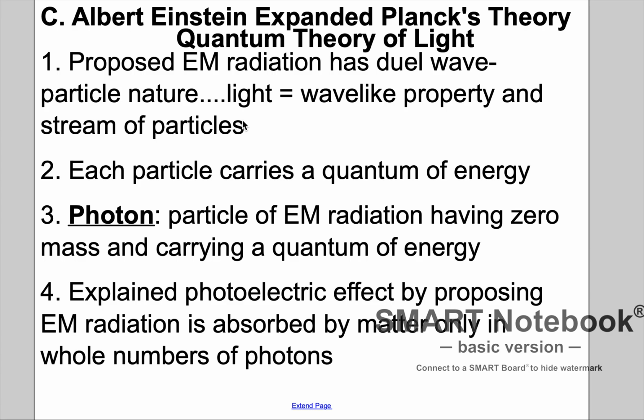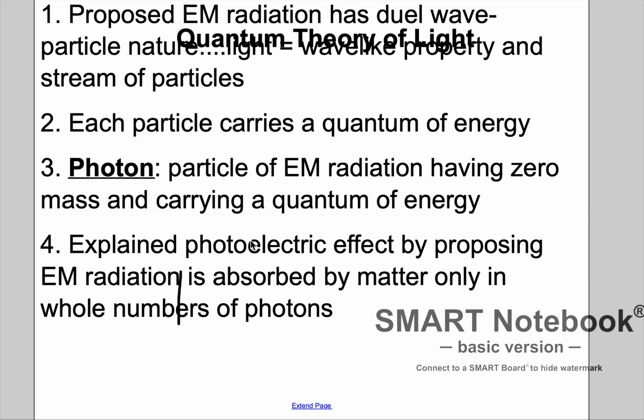So it has both particle and wave properties, and each particle carries that quantum of energy, which is what a photon is, a packet of energy. It has zero mass, but it carries an amount of energy. So he was able to explain the photoelectric effect by saying that the EM radiation absorbed by matter is absorbed only in whole numbers of photons.